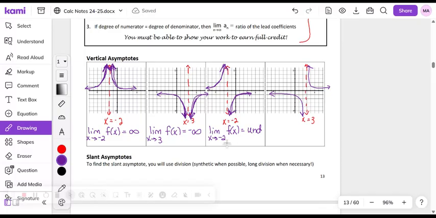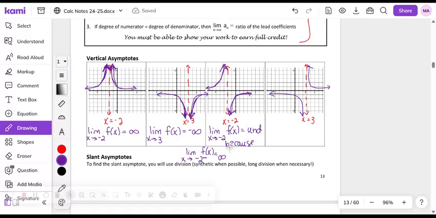This is undefined because, and I know we don't have a lot of room here, from the left, the limit as x approaches -2 from the left, look what I did, I put a little negative there to the right of my -2, of this function is infinity. So all I'm saying is that as the function approaches the asymptote from the left, it's going up, up, up, up, up forever.